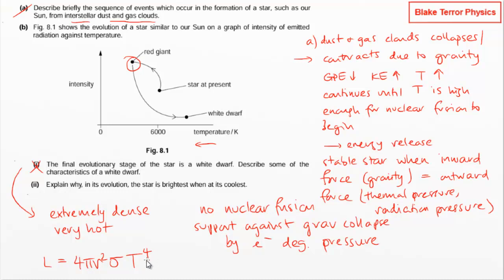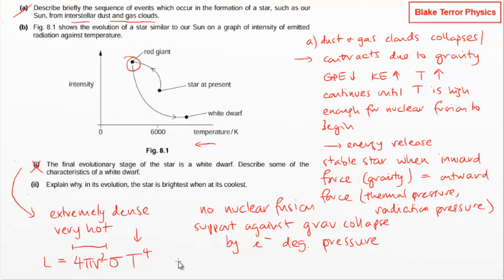The temperature is a major factor because it is taken to the power of 4, but we've also got radius squared. We've got a surface area going on here. And this is just huge. The difference in radius between a red giant and a white dwarf, the multiplier is just massive.